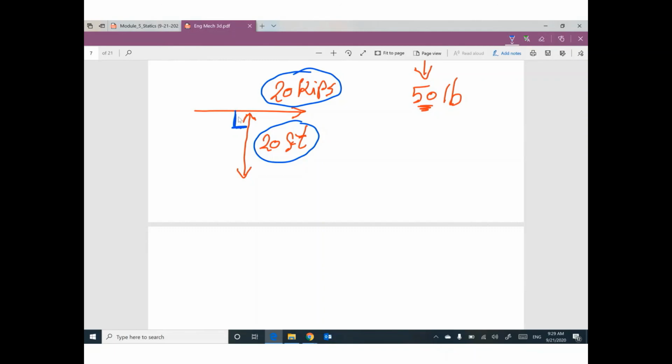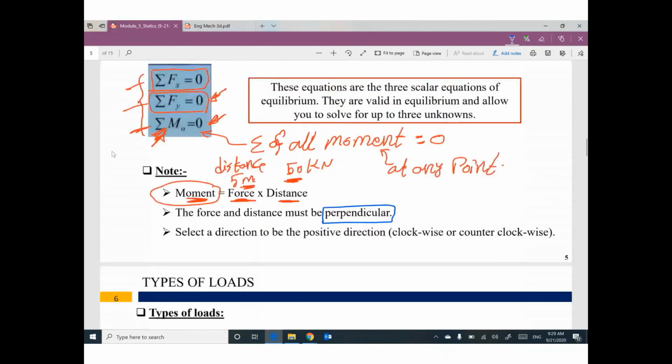We have 2 very important rules here. Your moment is force times distance, and your force and this distance must be perpendicular. Sometimes we can assume the positive direction as clockwise or counterclockwise. I will cover this next time.